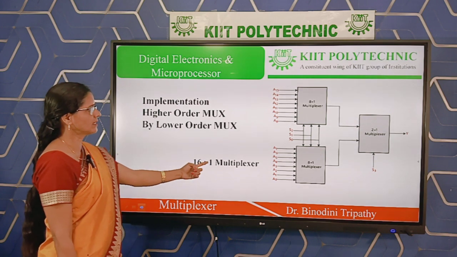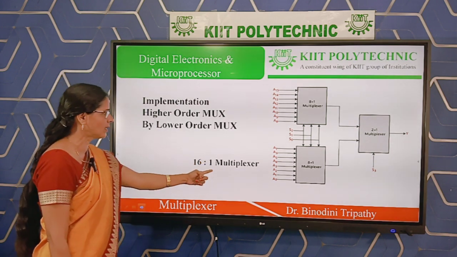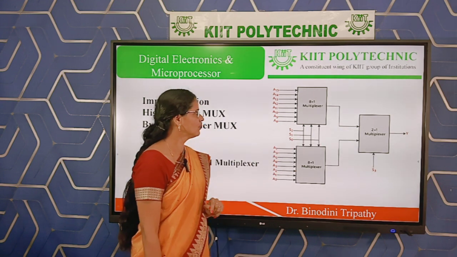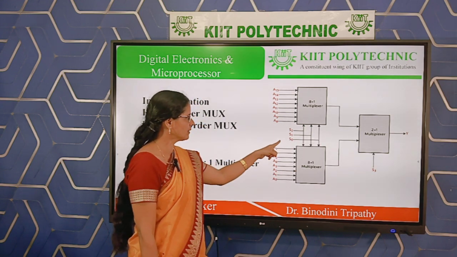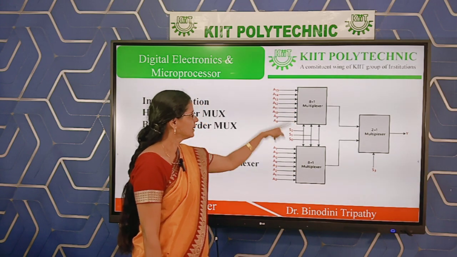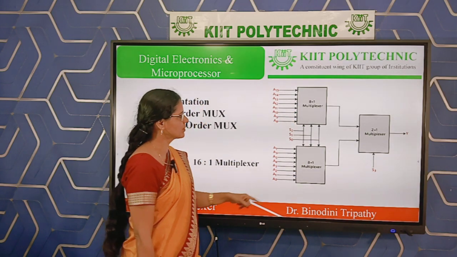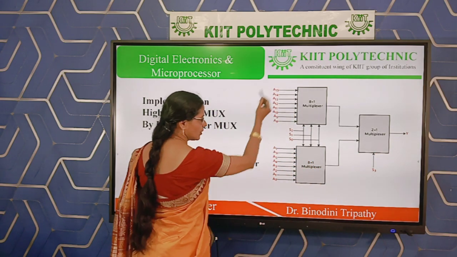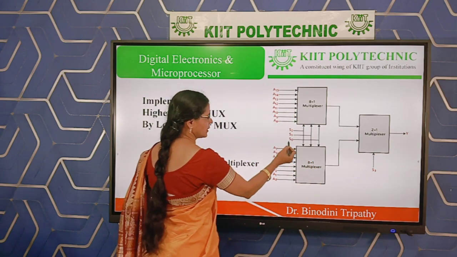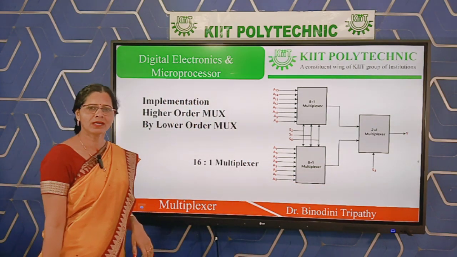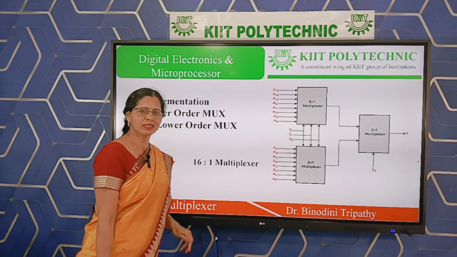This is another example of how we implement a 16:1 multiplexer by two 8:1 and one 2:1. The same 3 selection inputs are applicable for this one and this one. Overall it is 16 inputs, 1 output, and for the complete multiplexer you have 3 and 1, so 4 selection inputs. The fundamental definition is satisfied.